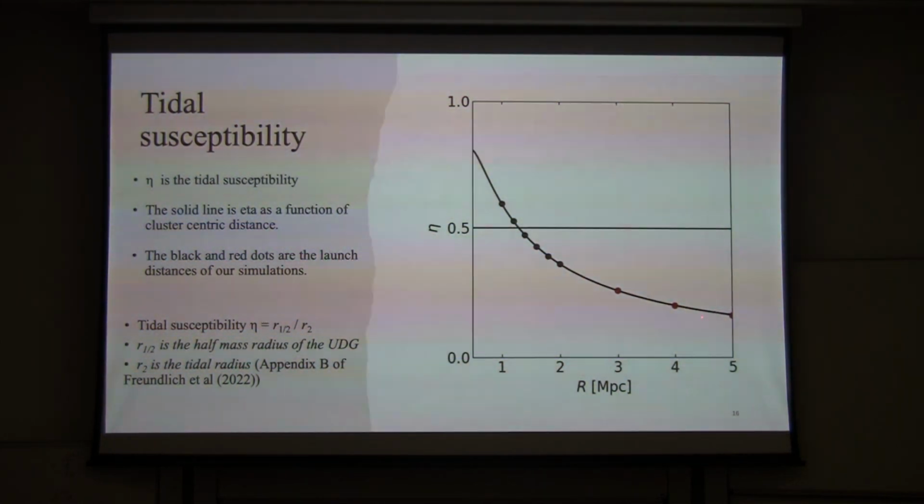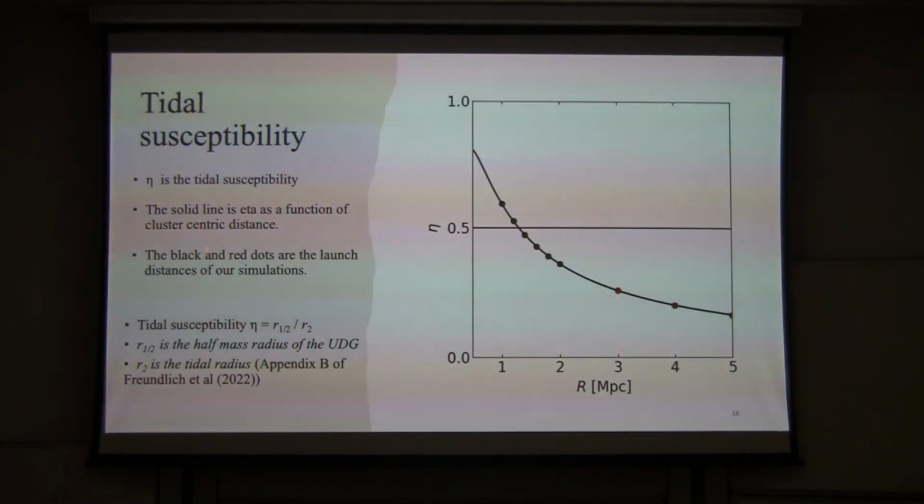It's just that for this to go to 0, we have to be more than 10 megaparsec away from the cluster. So all these simulations have already been placed in a tidally susceptible environment. These are relatively less susceptible, but still they are not close to isolated MOND, as I will show you.